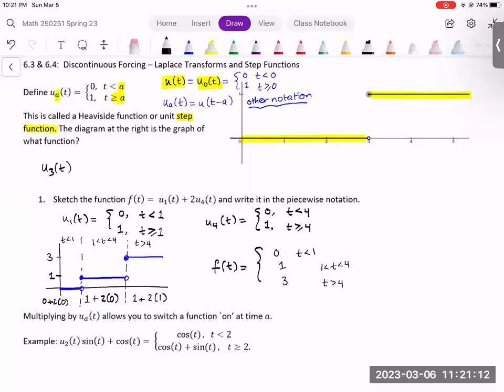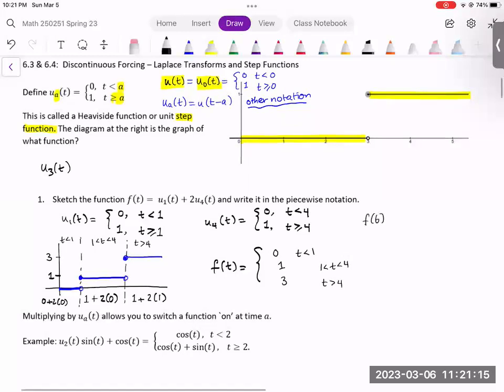If someone said, what's f of 6? We can definitely evaluate this. This is u_1 of 6 plus 2 u_4 of 6. As long as the number we're evaluating is bigger than 1, whatever the switching point is, the value of that function is equal to 1.